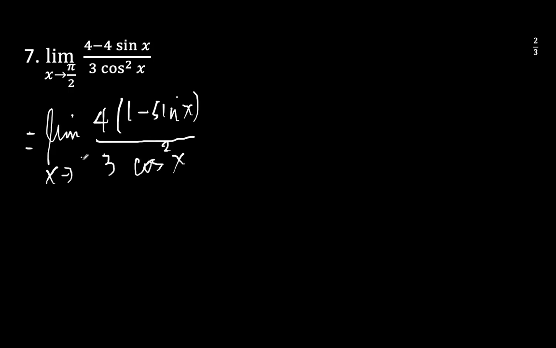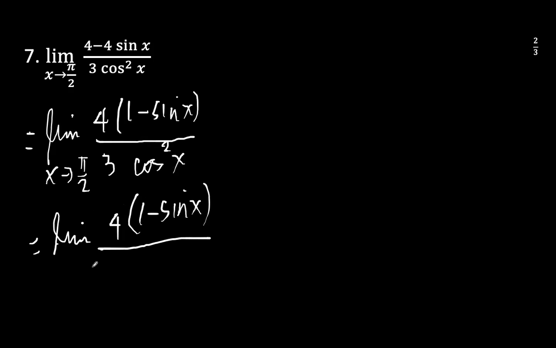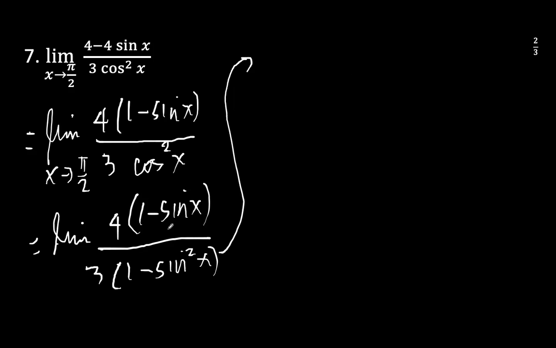Cosine square x can be written in terms of sine. We can use the identity cosine square x equals 1 minus sine square x. So that's 4 times 1 minus sine x over 3 times 1 minus sine square x.